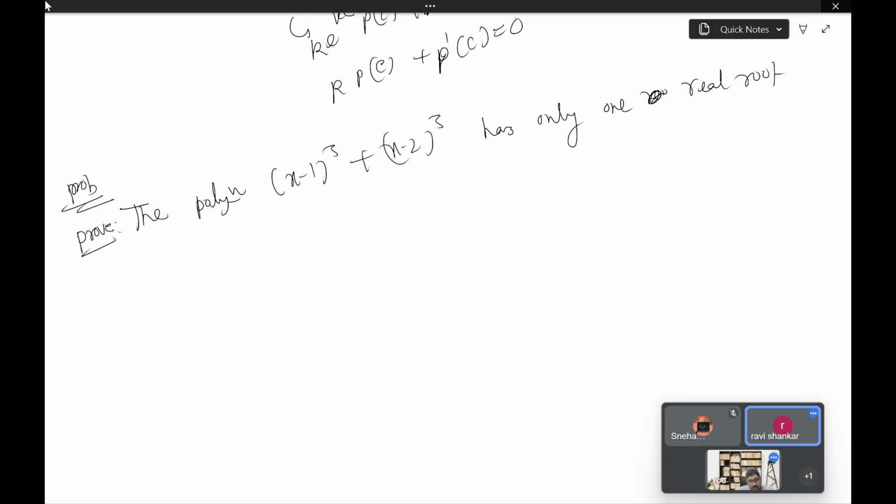So between 1 and 2, there will be one c such that f dash c equals 0. No. So please repeat the solution.